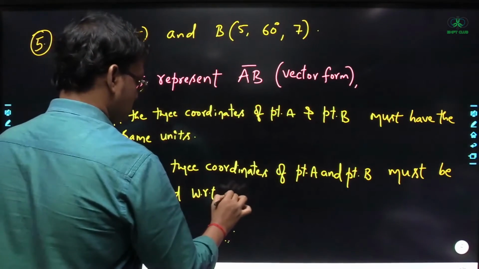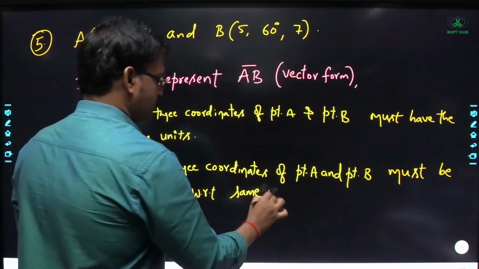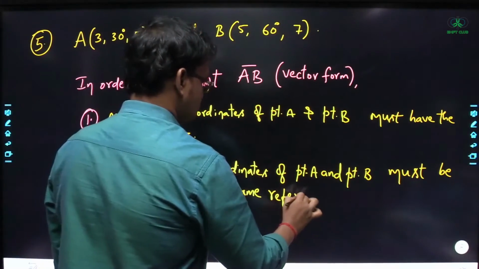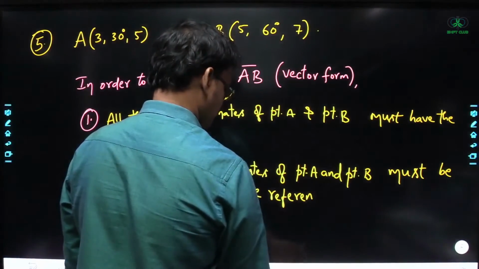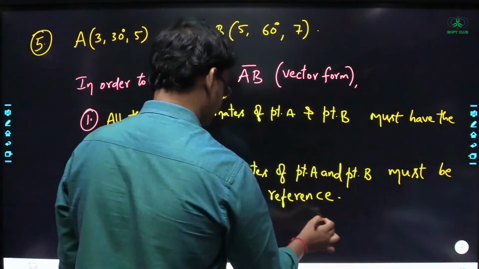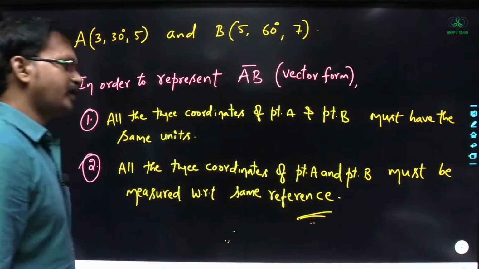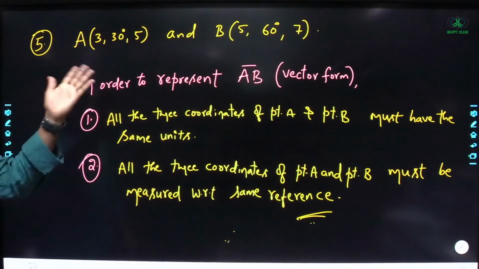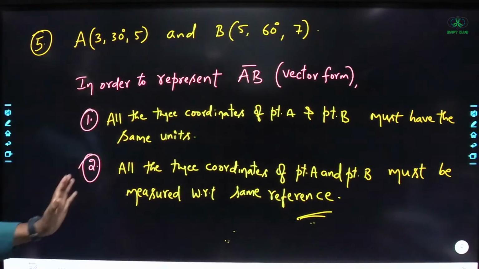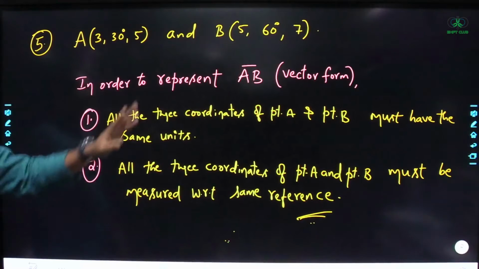With respect to the same reference point. Right? Okay. So here, since these two conditions are not satisfied, we cannot represent this AB.